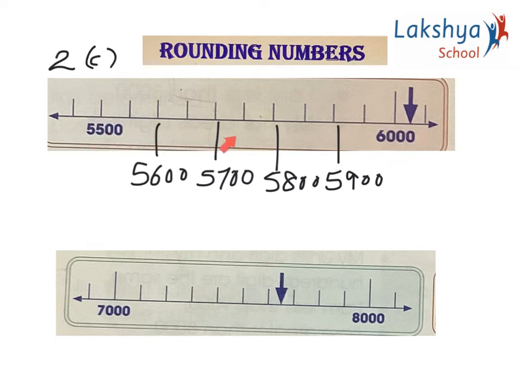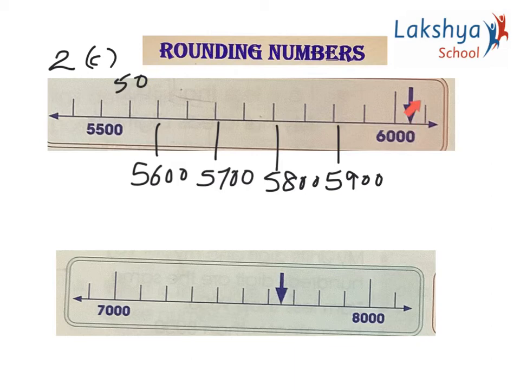So when I look at the number line, I can know that each small line represents 50, because there is a jump from 5500 to 5600. So each jump is 50.